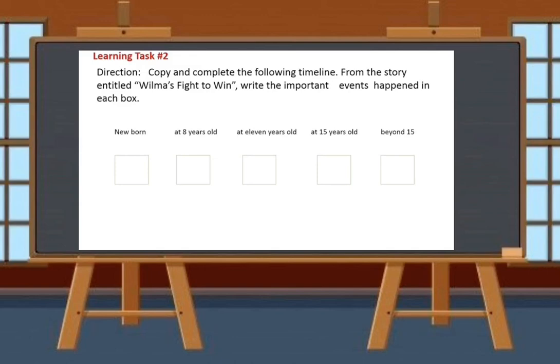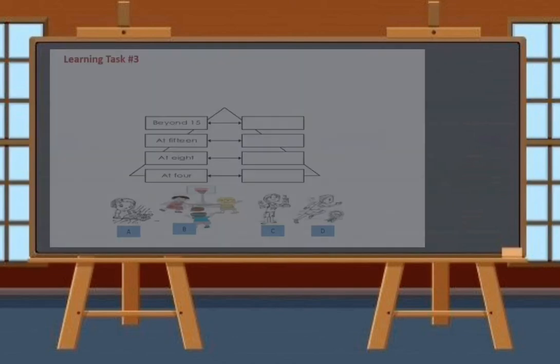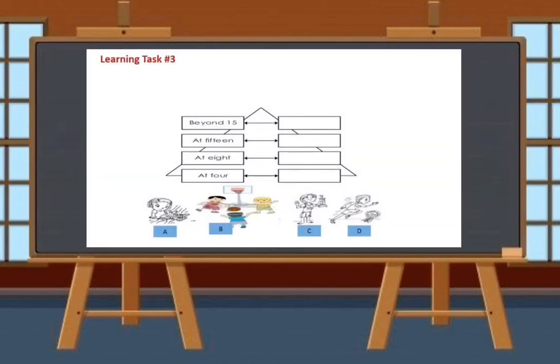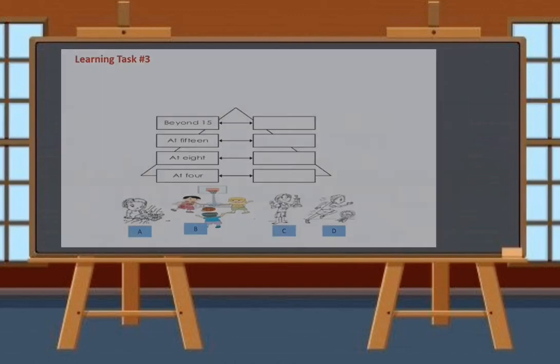Write the important events that happened. For learning task number 3, match the picture of the important event with the appropriate age level of Wilma. Write the letter of the correct answer in the box. Write your answer in your notebook.